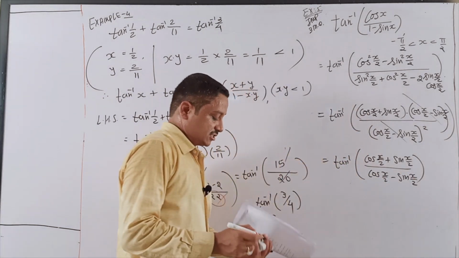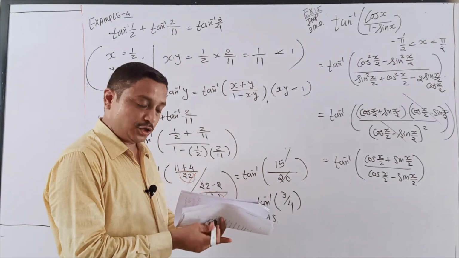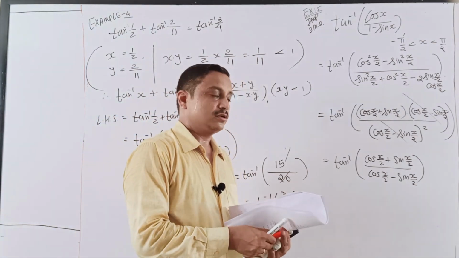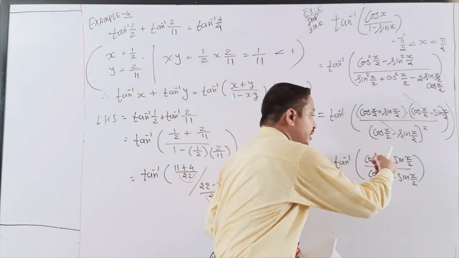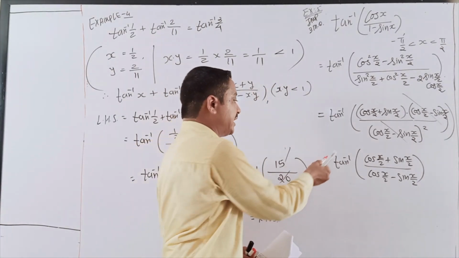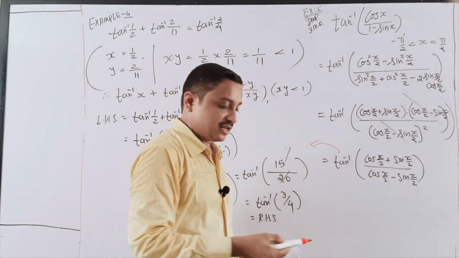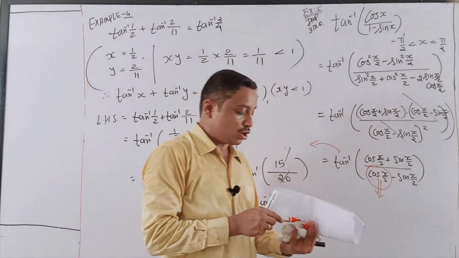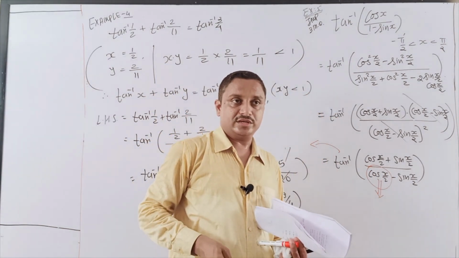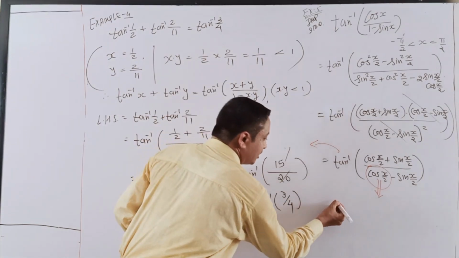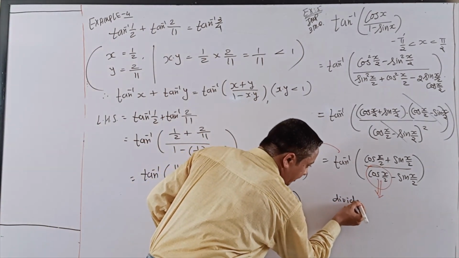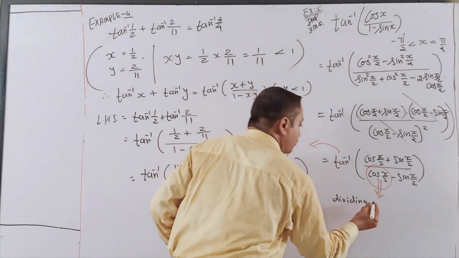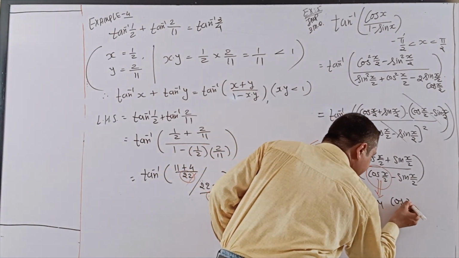Now students, wait. One more time I repeat: the internal data must be converted into tan because my outside function is tan inverse. That's why I divide each term by cos x by 2.